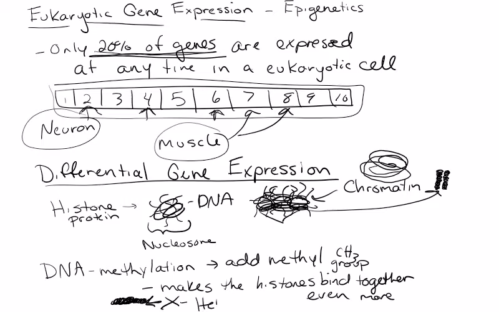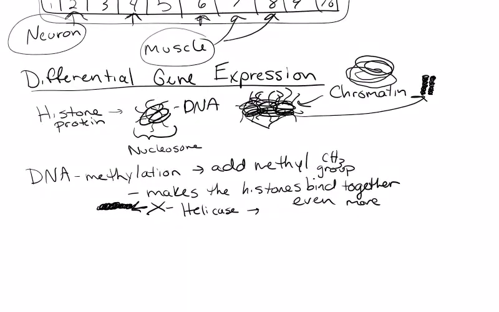That helicase that unwinds the DNA isn't going to be able to unwind it if it's so tightly packed. And so if we add these methyl groups on and we keep these histones together even tighter, what this means is that the transcription, or the making of the protein, will decrease. Okay, it will go down.